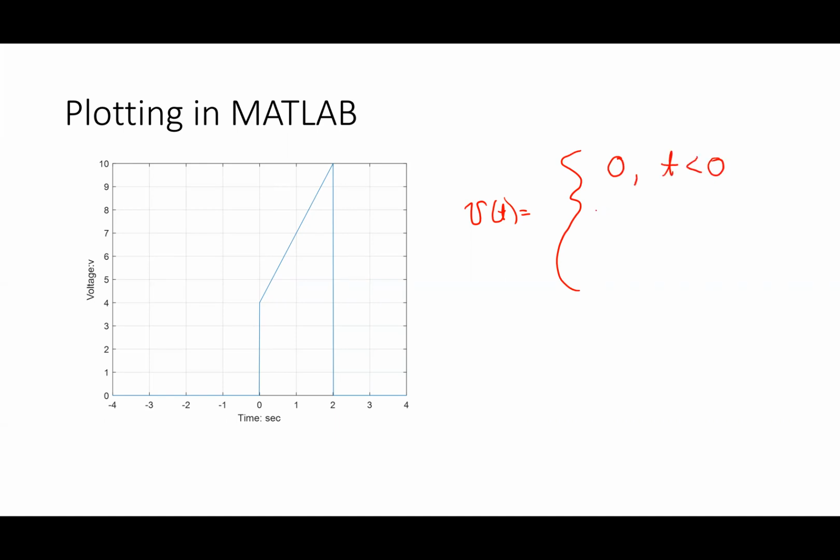It's some linear function, a t plus b, for t between 0 and 2. And then apparently for t greater than or equal to 2, it's 0 again. All right, so I go through this example in a video, but I wanted to talk about this real quick.